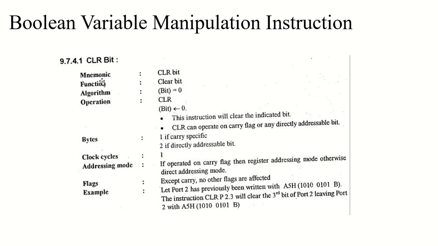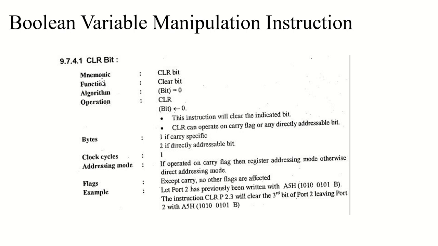Now about the addressing mode of CLR bit, and all the instructions in the Boolean variable manipulation group, it is a bit complicated. If operated on the carry flag, then register addressing mode will be used, and if not operating on the carry flag, we will be using direct addressing mode.